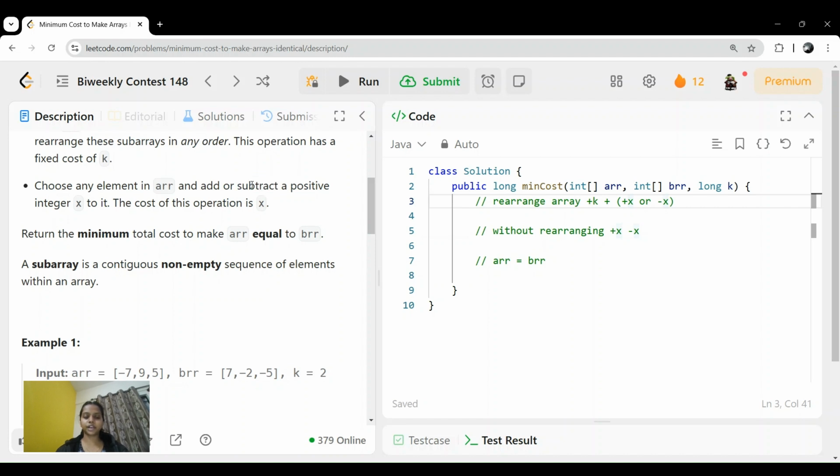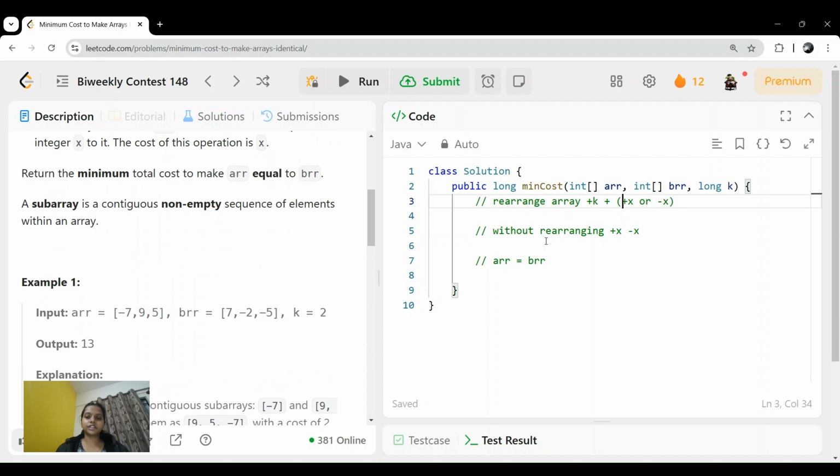So if we are adding or subtracting, we can directly take the absolute difference, since both are available. If we want a negative number, we will just add it. If we want a positive number, we will subtract it.